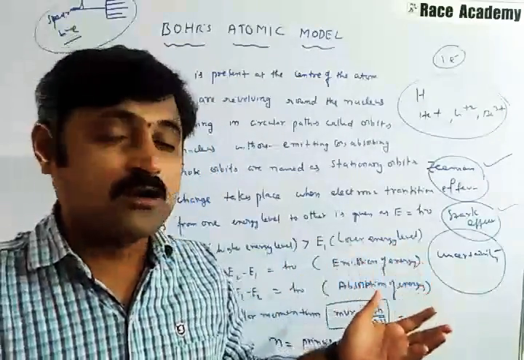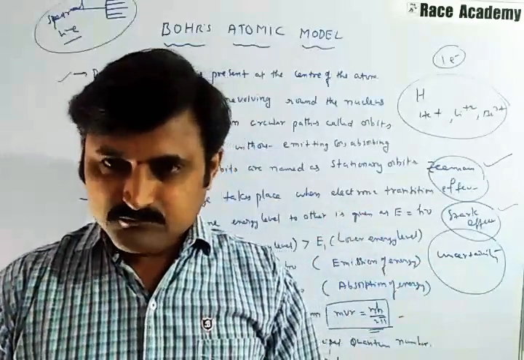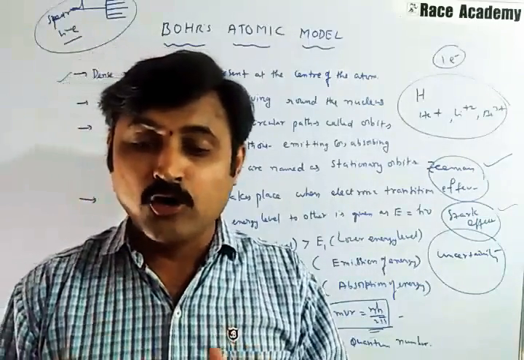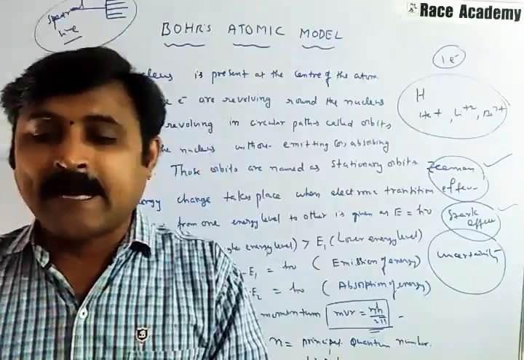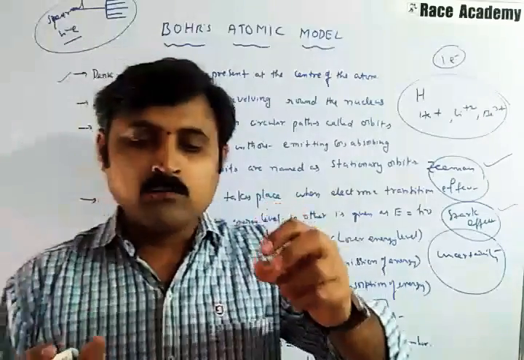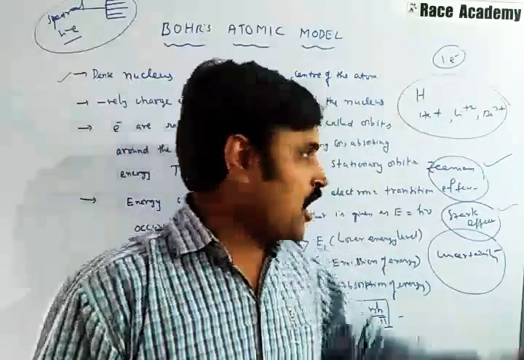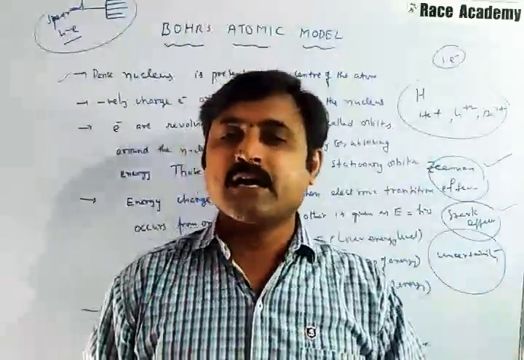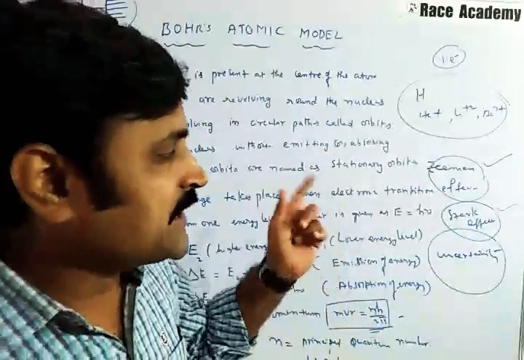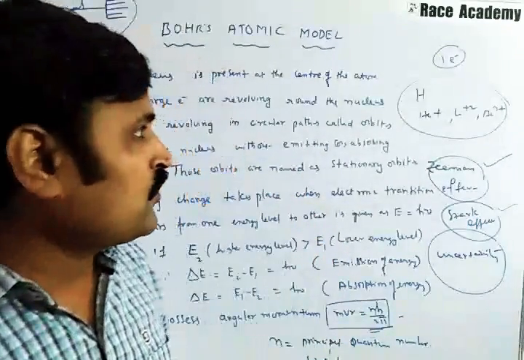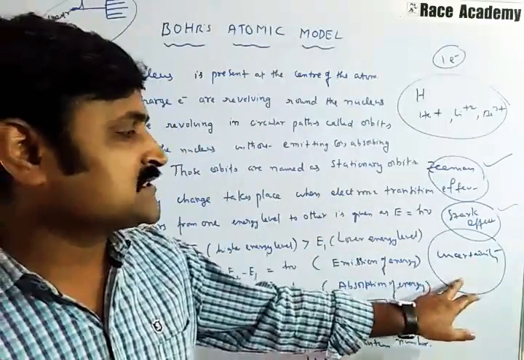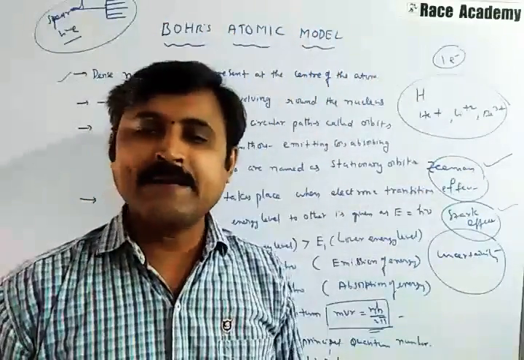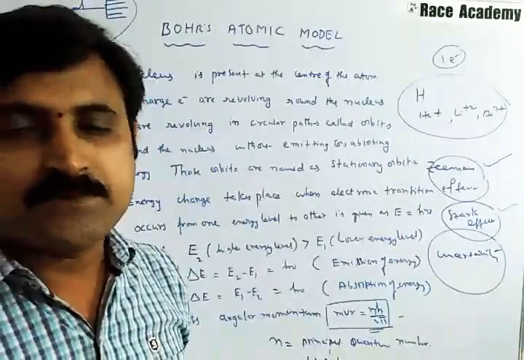That means the simultaneous determination of position and momentum of a small moving particle like an electron, as assumed in Bohr's theory, is not possible, which was proved by Heisenberg. That's why the Heisenberg uncertainty principle is also one of the most important things in science challenging Bohr's atomic model. So at that time this theory failed.